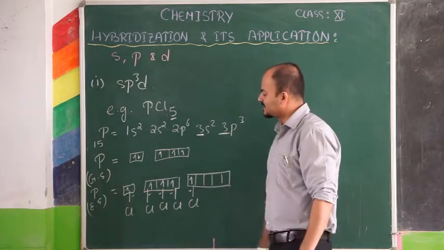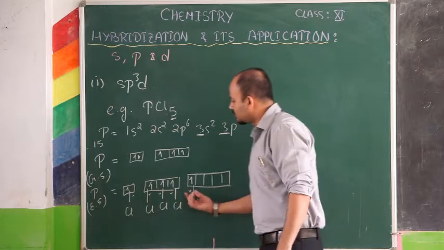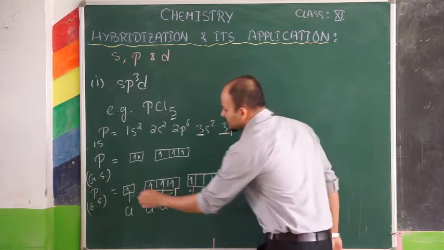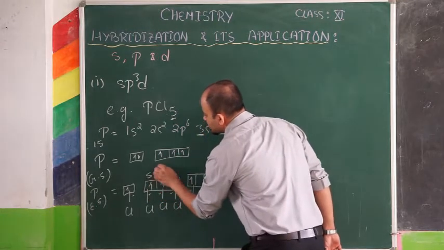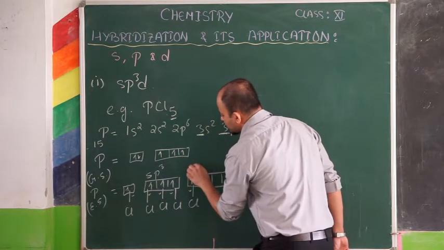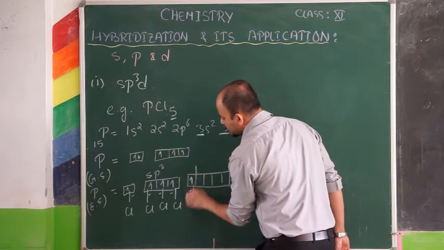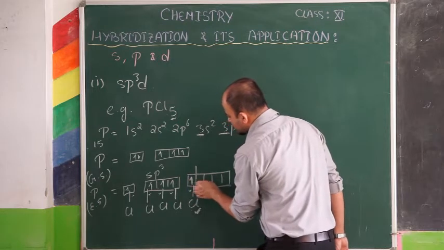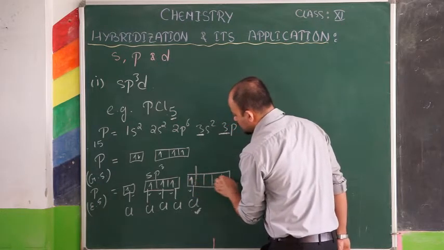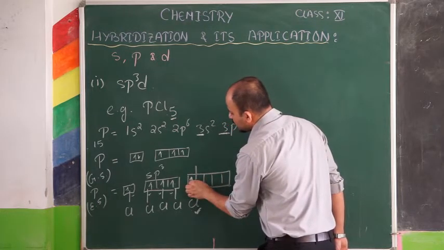Now in this case we can see which orbitals are involved in bond formation. This is 1 s orbital. How many p orbitals? 3 p orbitals and 1 d orbital. Up to this point an electron is present and involved in bond formation. How many d orbitals are involved?